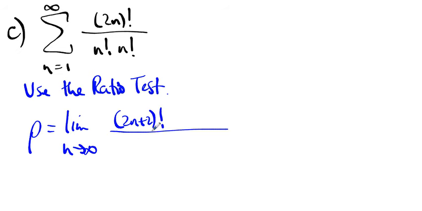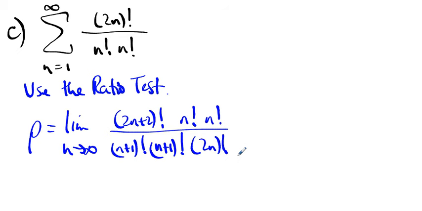Notice how I did that. Notice the copy change flip there. So what happens to this? Well, we know from the previous example that n factorial and n plus 1 factorial leave you with that.